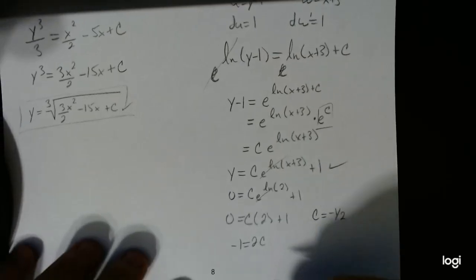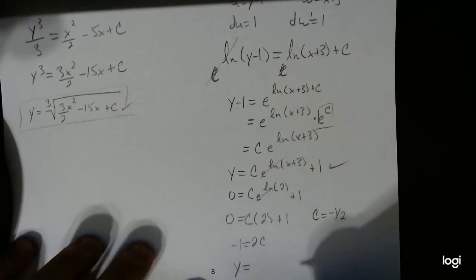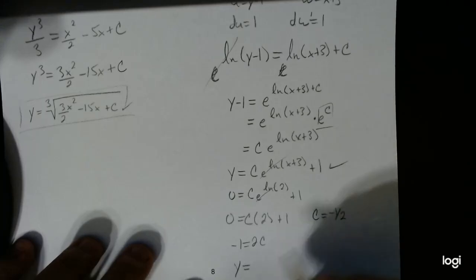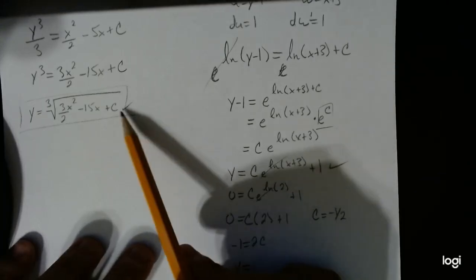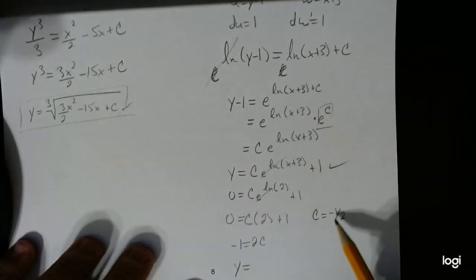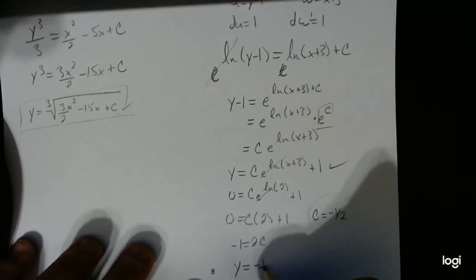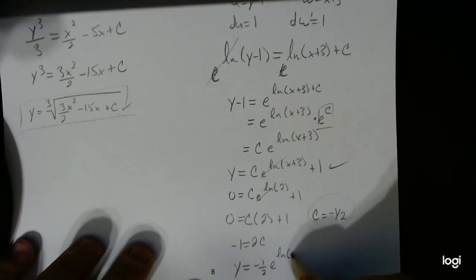Therefore, the function that solves this differential equation, and it's the exact one, unlike this one, which is just a family of solutions, is y equals -1/2 e to the natural log of x plus 3, and then plus 1.